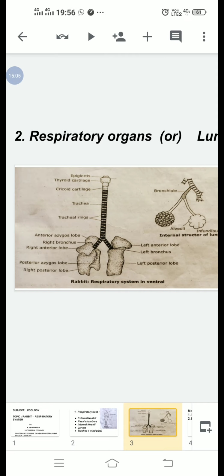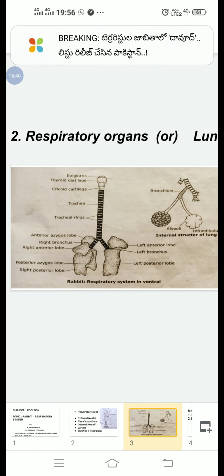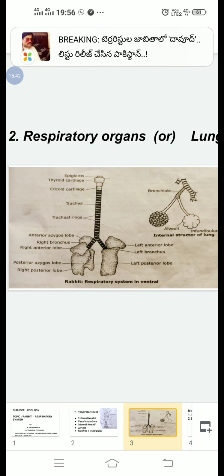The alveolar sac gives out several small pouches called alveoli, or air sacs. A group of alveoli looks like a bunch of grapes.